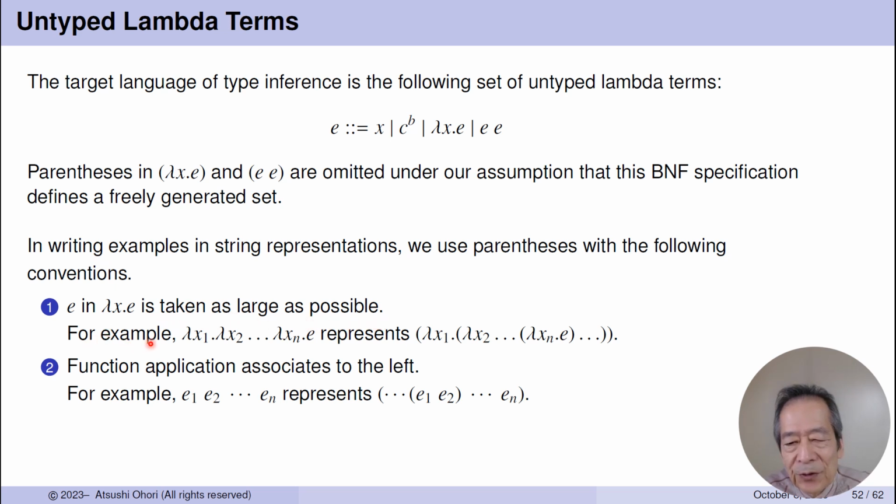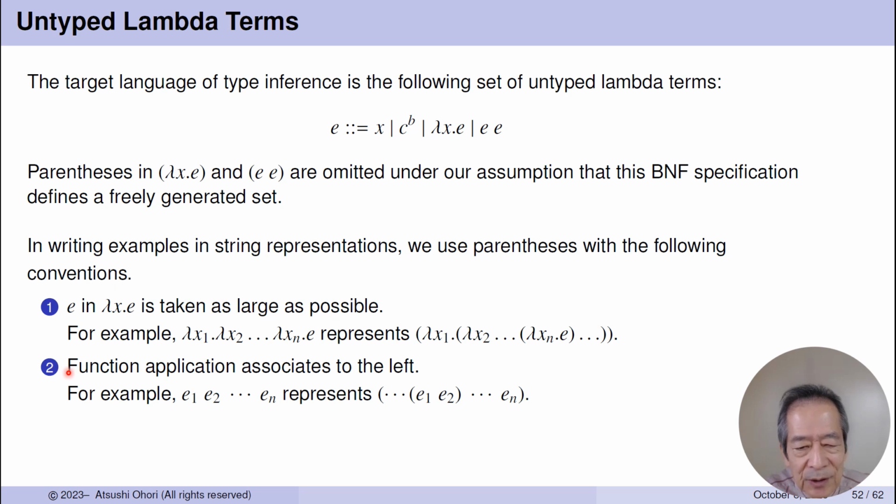So, for example, if we write down this sequence of symbols, this E is taken to be as large as possible. So in lambda x1 dot E, E corresponds to the rest of the entire term, so that this represents this kind of structure.